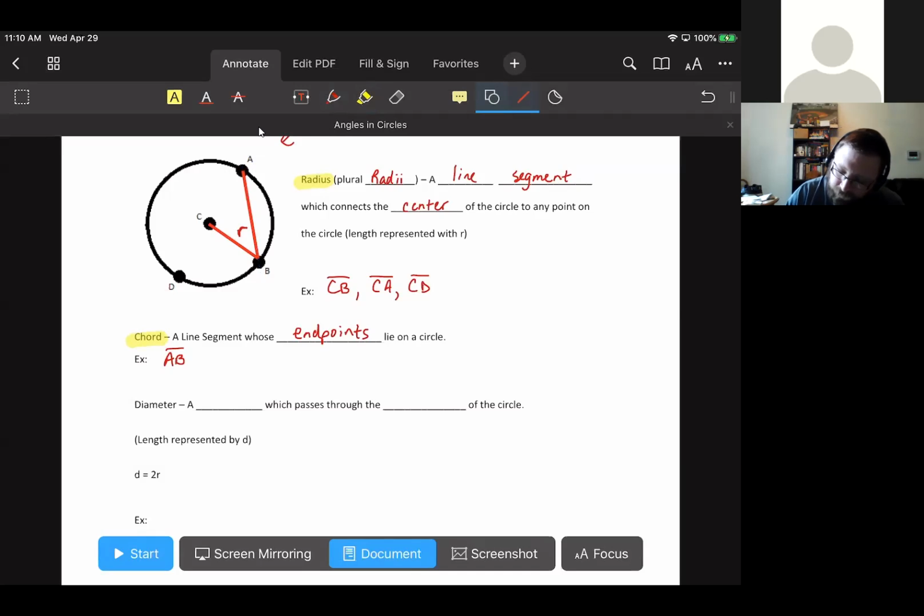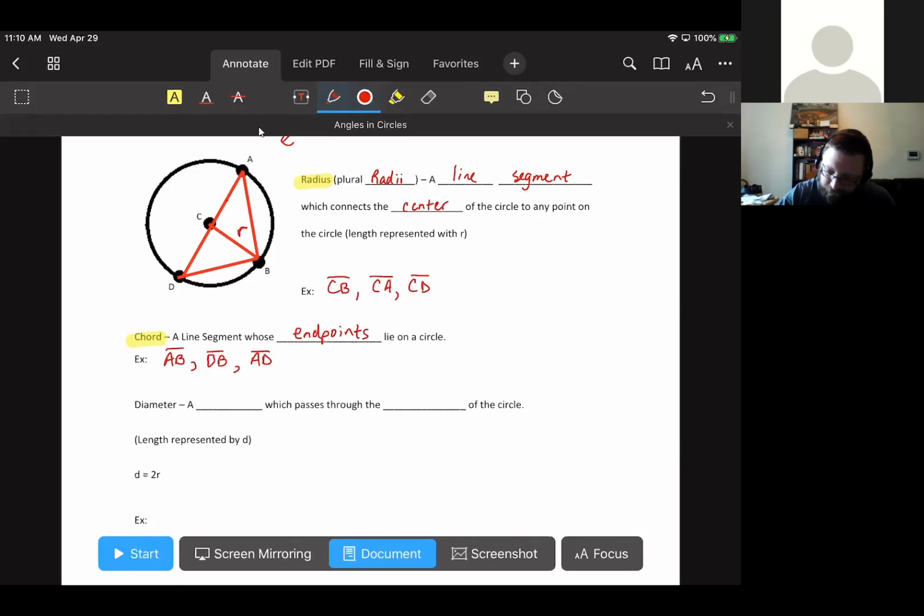So would line segment DB. That is also a chord. Even line segment AD would be considered a chord. Okay, those are chords.